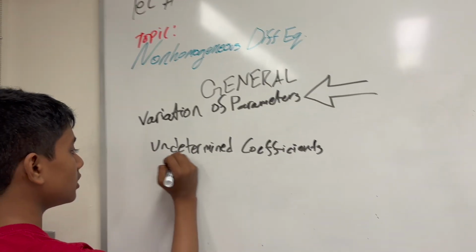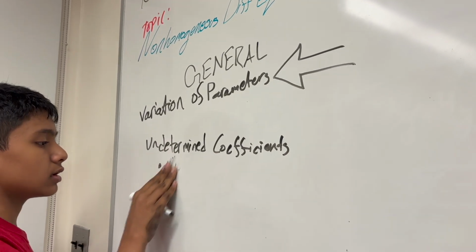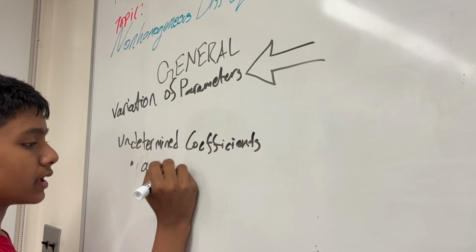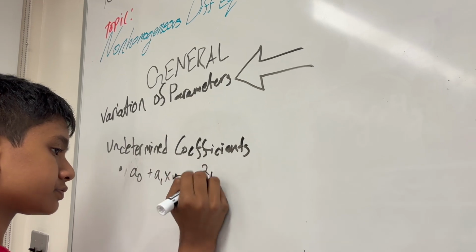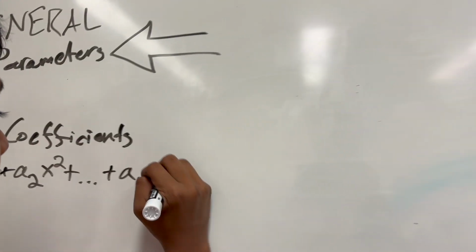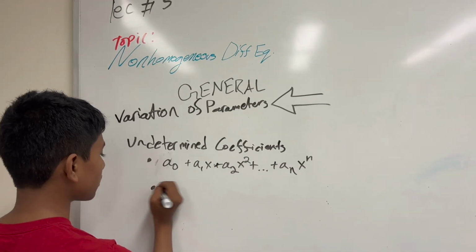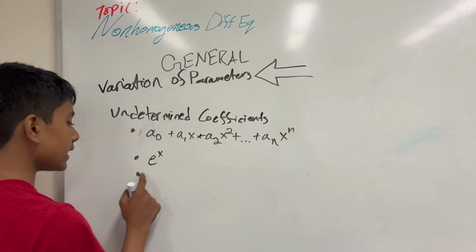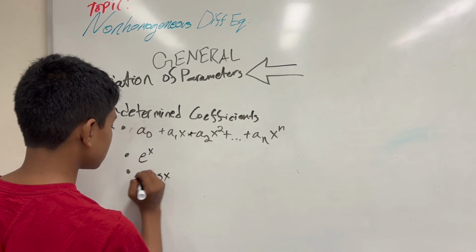This thing only works for polynomials, so things of the form a0 plus a1 x plus a2 x squared plus an x to the n. It also works for exponentials, and it works for trigonometric functions.